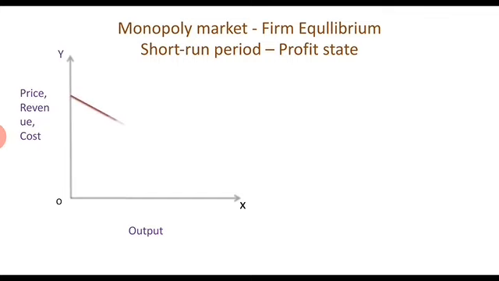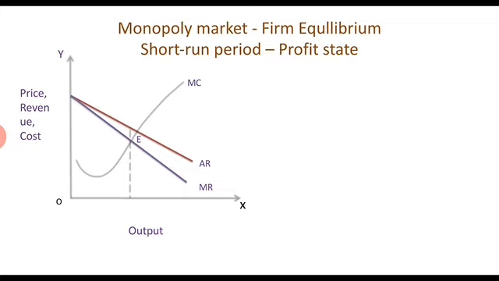Monopoly market price equilibrium in the short run: profit state. AR is the average revenue curve, MR is the marginal revenue curve, and MC is the marginal cost curve. Where the marginal revenue curve and marginal cost curve intersect, the producer or firm is in equilibrium.